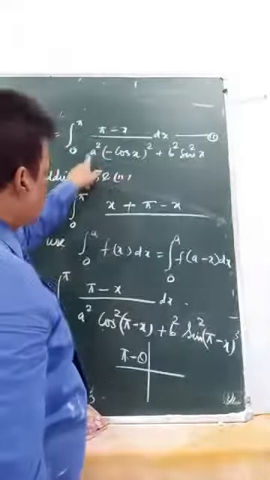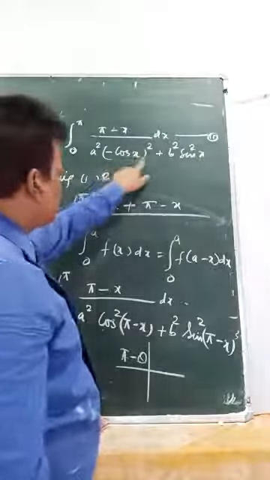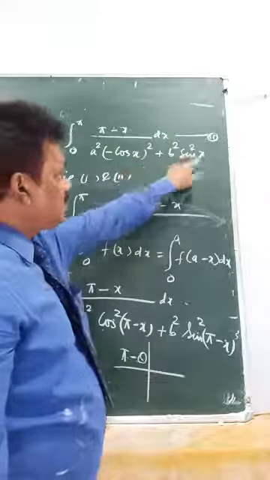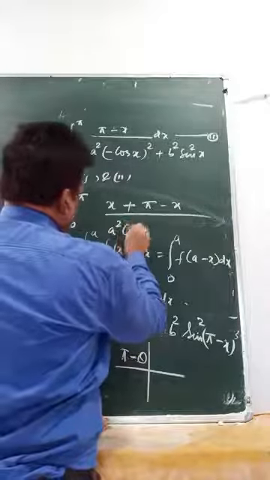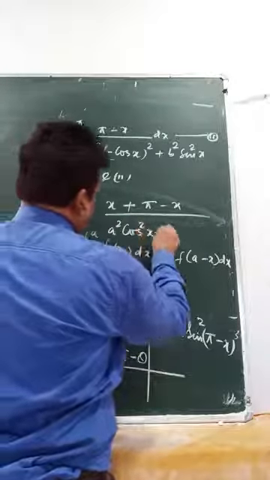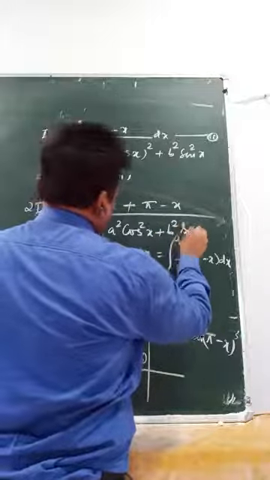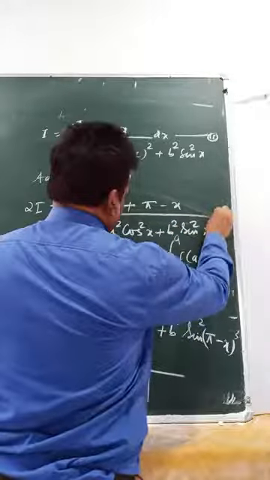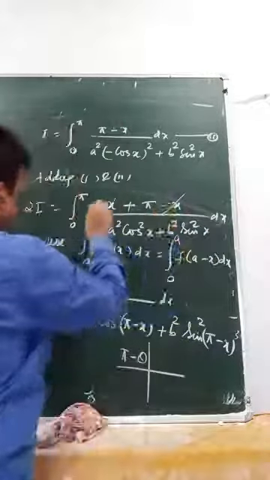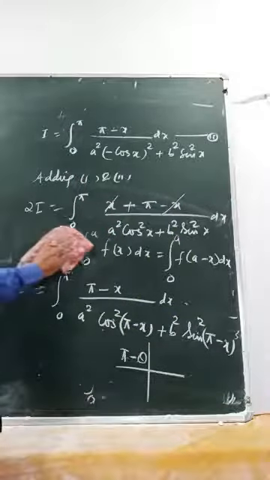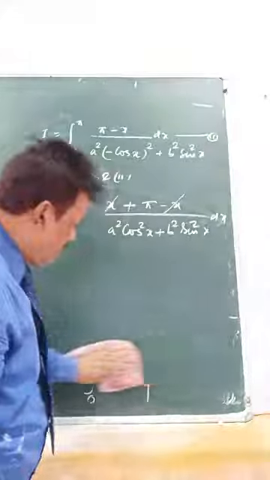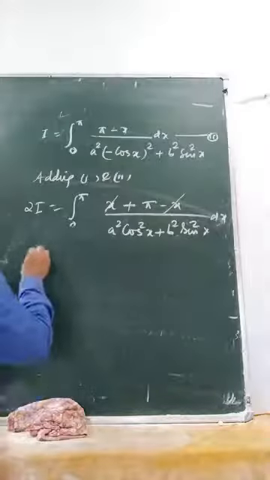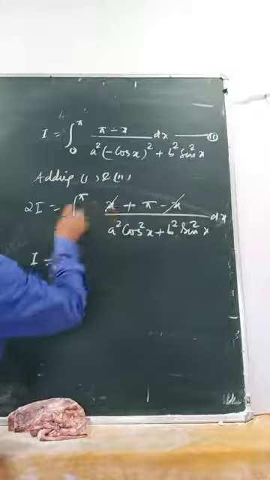There it is a square cos square x. This is also a square cos square x and b square sin square x. So same thing. A square cos square x, b square sin square x. Okay, x gets cancelled. Now your I equals, this pi will come outside.